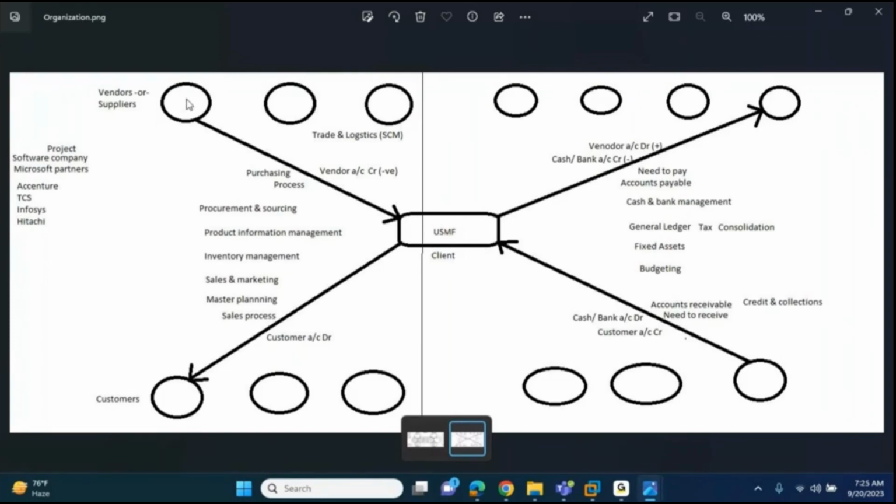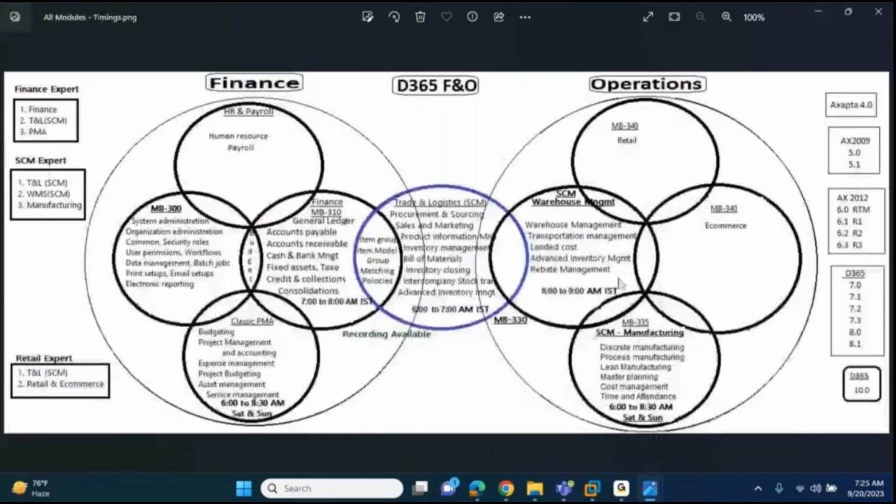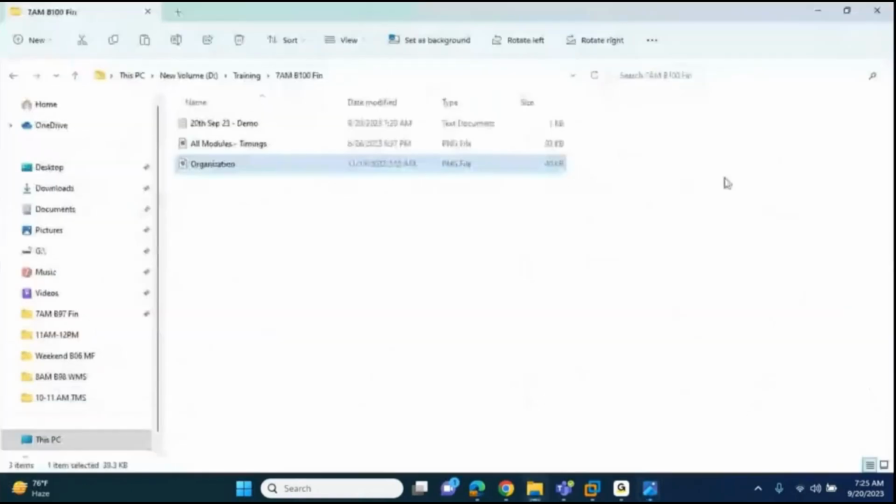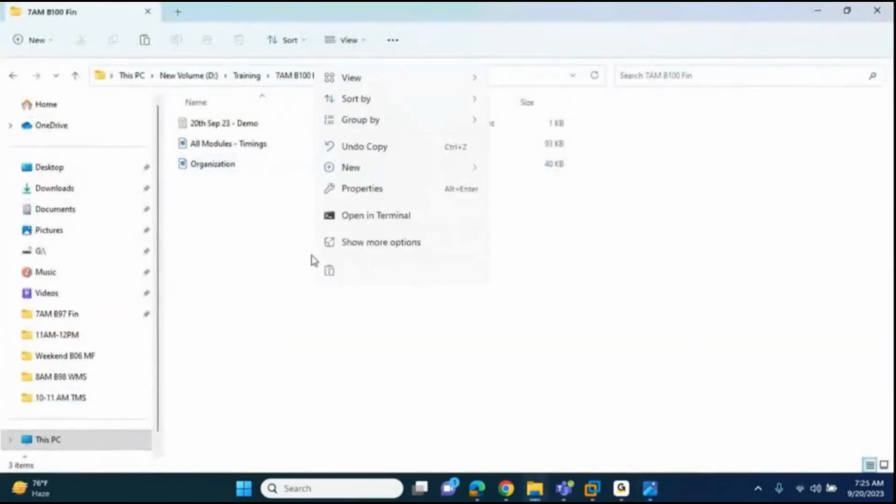So one is the software company, another one is the client or project, and these are vendor or supplier organizations, and these are customer organizations. This is the complete high-level picture you are going to learn in the next 2.5 months. Whatever you are going to learn, these are the topics.